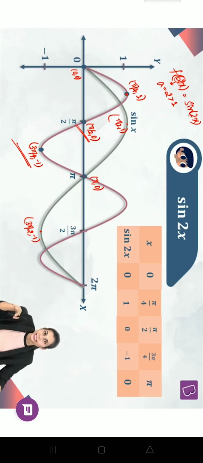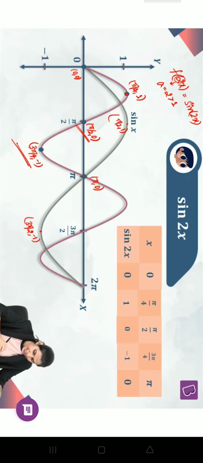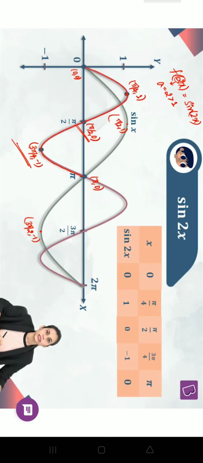If you take the graph of sine x and you stretch it horizontally along the x-axis half times, just half times, you will end up getting the graph of sine x by 2. Yes, that's it. In fact, if you had sine x by 3 as the function, the answer is of the same fashion. Just stretch the graph of sine x along the x-axis 1 by 3 times, and you are going to end up getting the graph of sine x by 3.